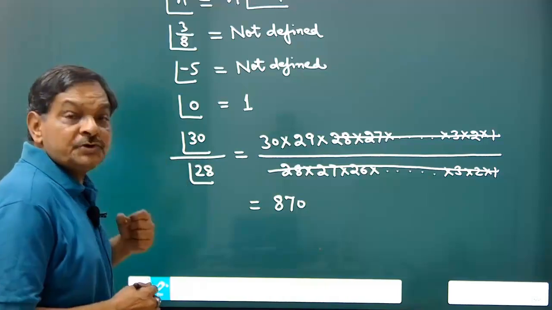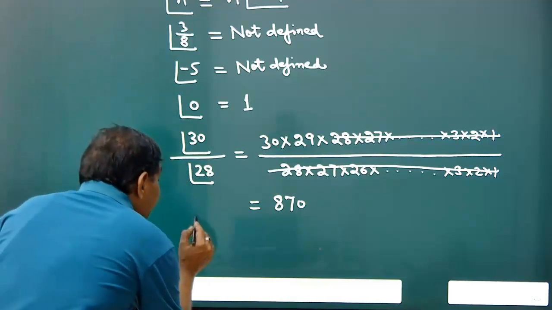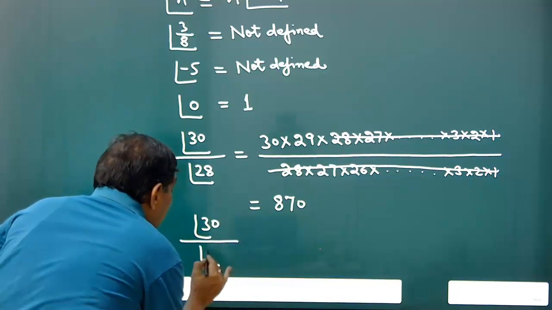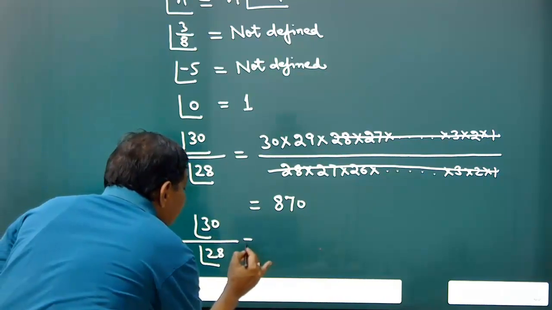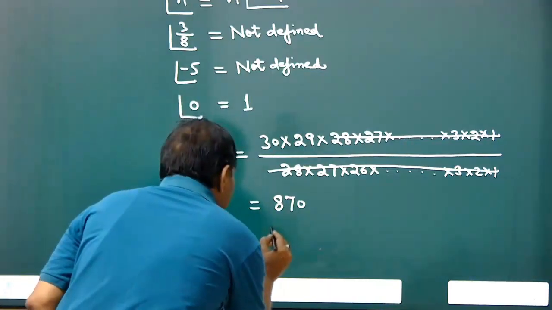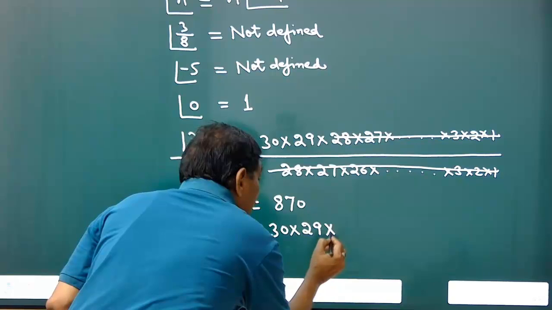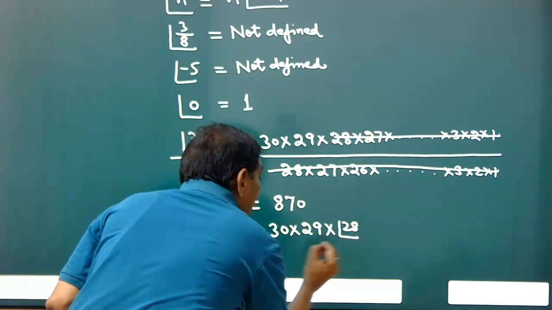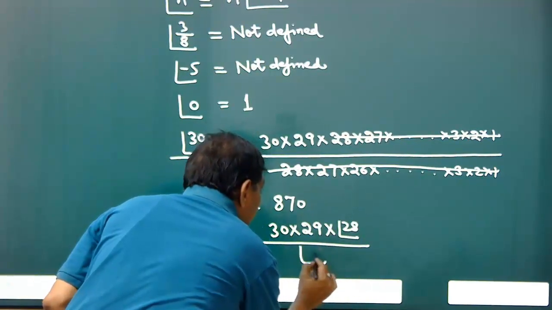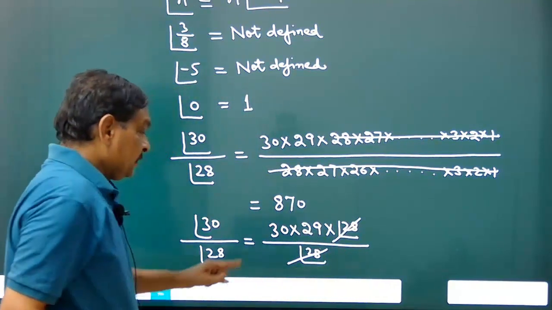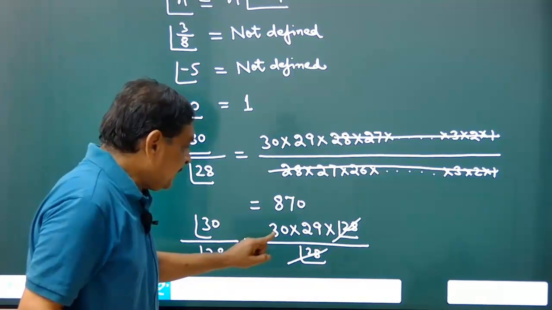If I use the formula, then I can write factorial 30 upon factorial 28 as equal to 30 into 29 into factorial 28 upon factorial 28, where factorial 28 is cancelled. So I get 30 into 29.